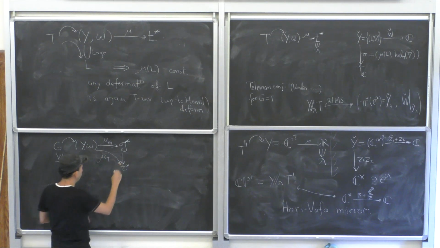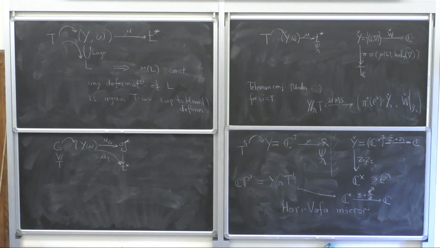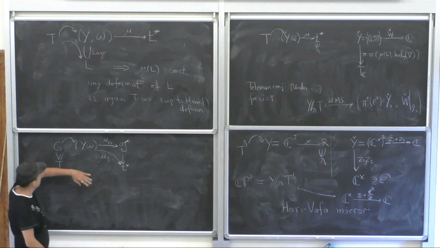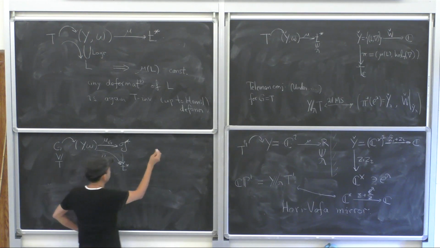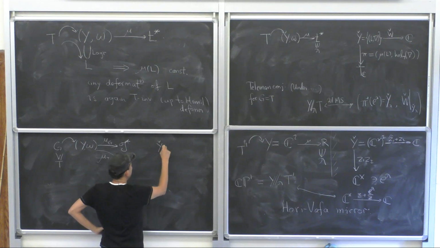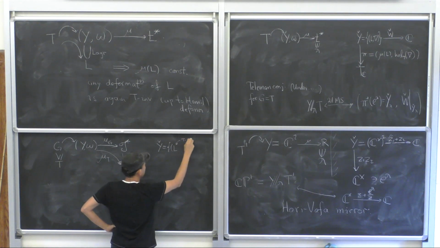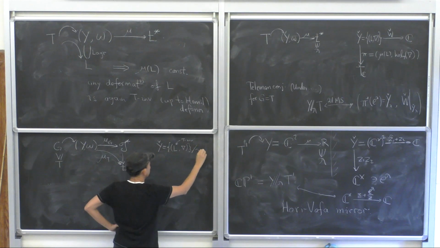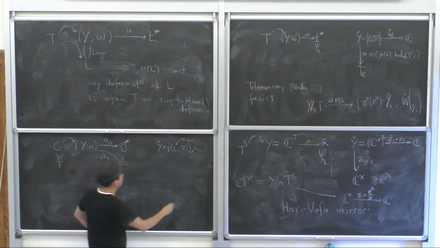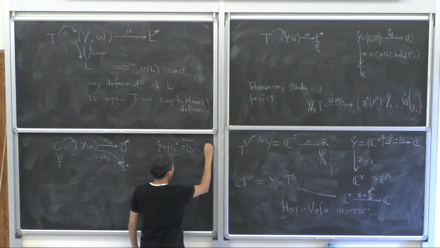So you can reduce from the G to the T questions. And we'll still be looking at the same mirror. These are again Lagrangians which are T-invariant, not G-invariant, just T-invariant Lagrangians in Y. They also have the same W check here.